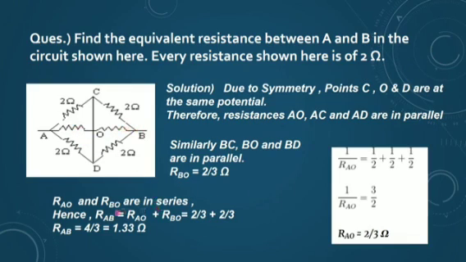You add them to get the equivalent resistance across points A and B, that is R_AO plus R_OB, which equals 2 by 3 plus 2 by 3. So the result is 4 by 3, or I may leave it as 4 by 3 ohm, or I may write it as 1.3 ohm. Both are equally correct. So the basic understanding is how to see the resistances to get the results.